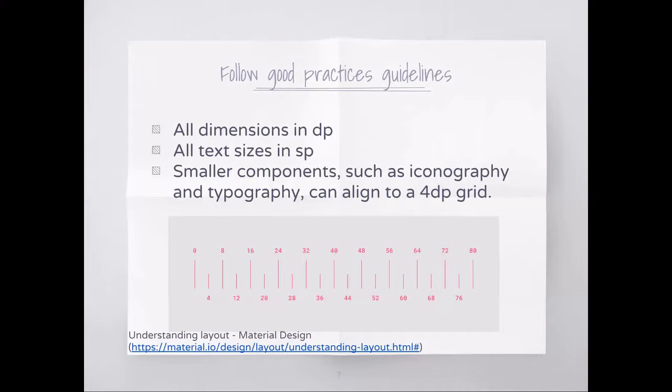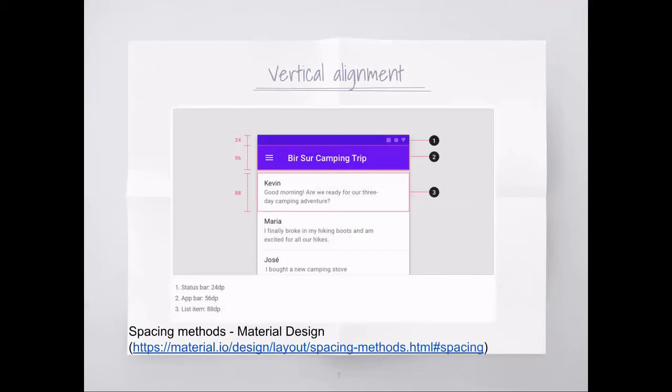So that is a good practice for you to keep in mind when you are using icons or typography. And when you are using a vertical alignment, it is also recommended to consider this kind of spacing method. And I am sharing with you the link so you can find more information about it.